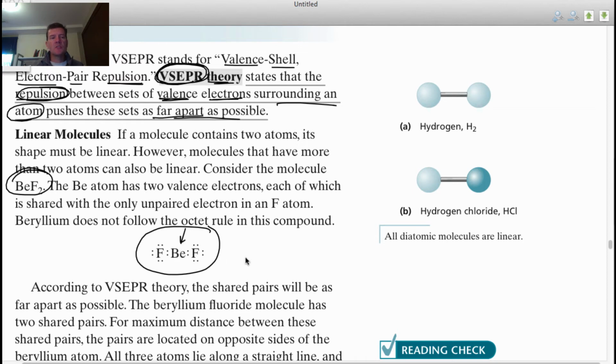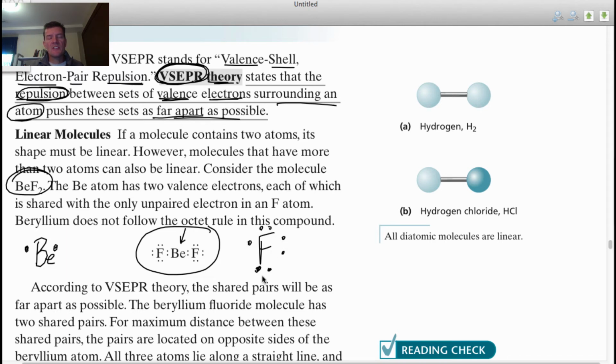So what we do is we look at beryllium on a periodic table. Beryllium is in group 2, so it has 2 valence electrons. Fluorine is in group 17, so it has 7 valence electrons.